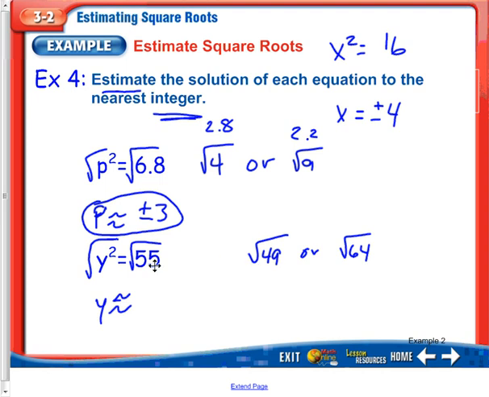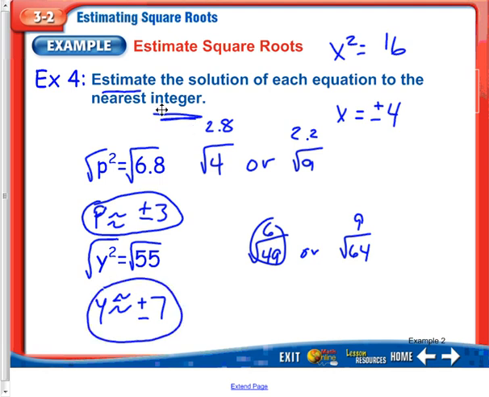So we are only 6 units away from the square root of 49, and we are 9 units away from the square root of 64. So the square root of 49 is closer. So y is about 7. But remember, you look back here, I don't know if it's positive 7 or if it's negative 7, because either way, I'm going to get a positive value here. So I need to say is about positive or negative 7.